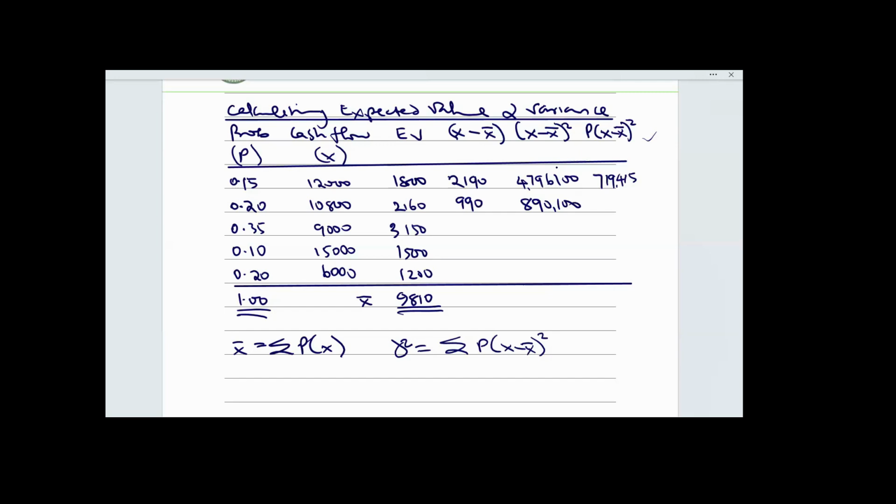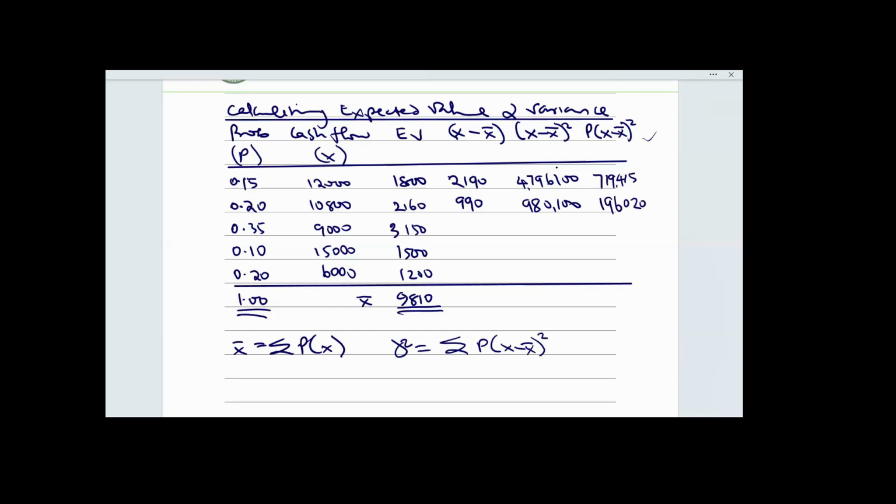Multiplied by the probability of 0.2 gives 196,020.